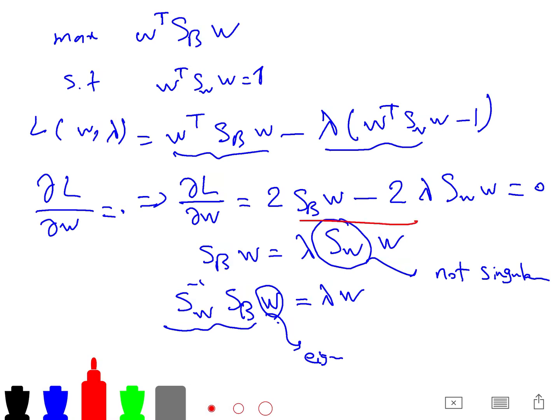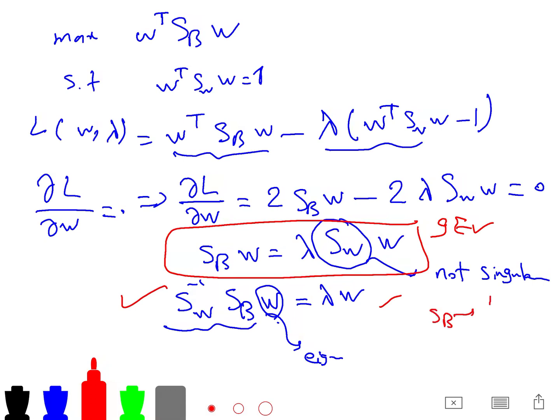So if you invert this, this is the eigenvalue problem, and SB is rank 1. I said it is rank 1 because it's a multiplication of two vectors, and SW is full rank. So the multiplication of a rank 1 and a full rank matrix is just rank 1.